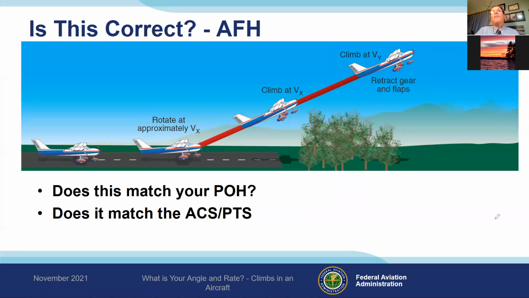And what effect do your gear and flaps have on that? So think about it. Does this match what you see in your manual? Does your performance match what you see in your aircraft manual? And does it match even the Airman Certification Standards or the Practical Test Standards for this maneuver?